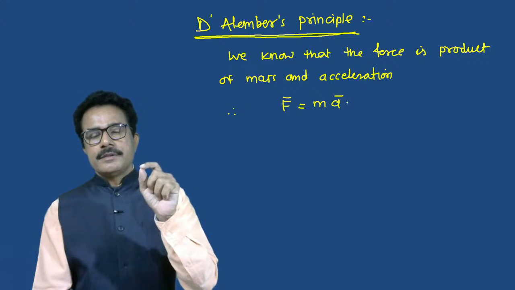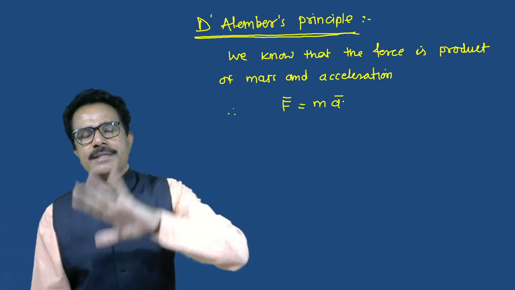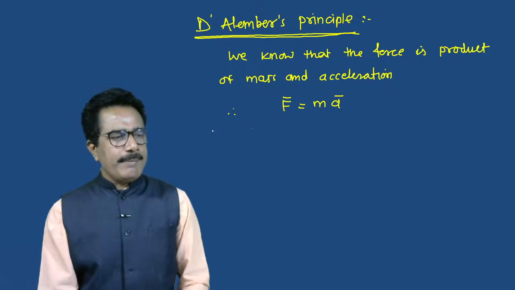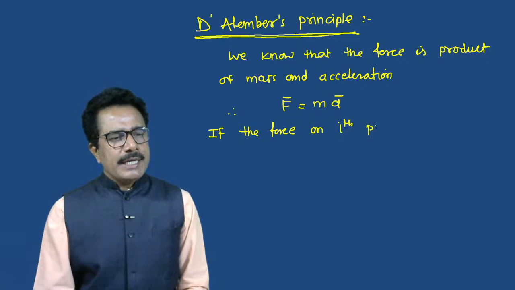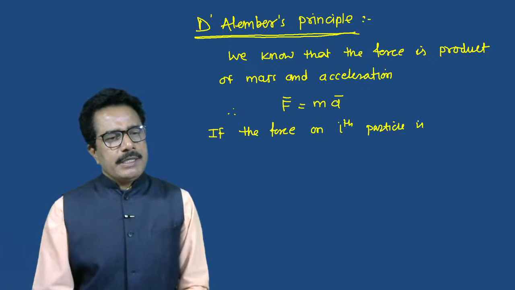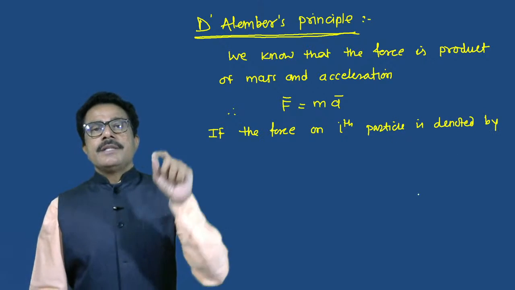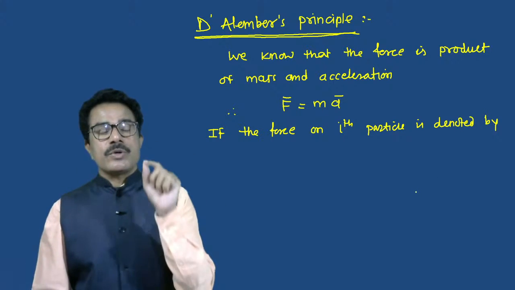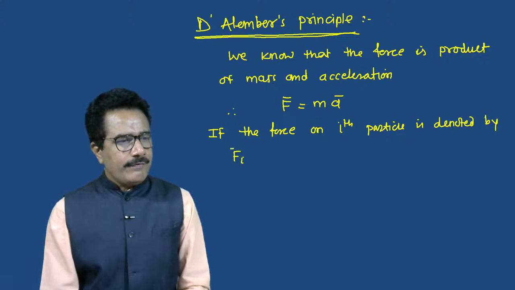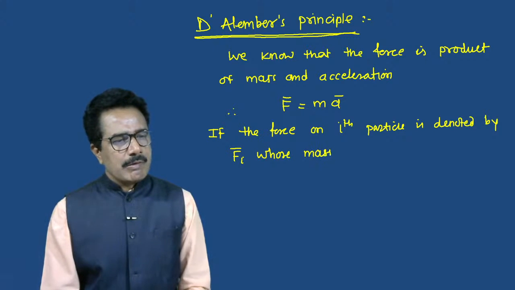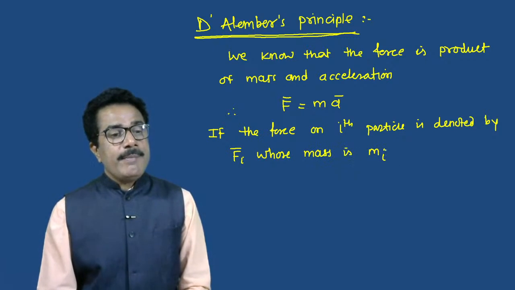But if the force on the ith particle is denoted by Fi bar, because the system is of n number of particles, so we have considered the ith particle, denoted by Fi bar, whose mass is mi.